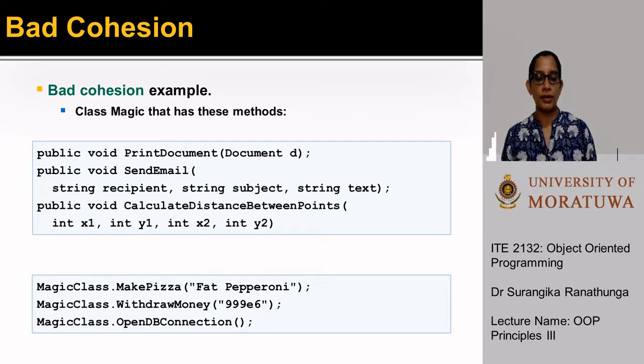As you can see, just by the method names, they are doing completely unrelated things. So do not have methods or functionality that are unrelated in the same class. First, identify what the class should do, and add only the methods that serve the central purpose of the class, rather than having random methods that can do anything here and there.